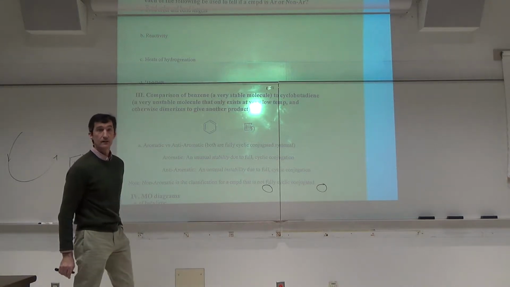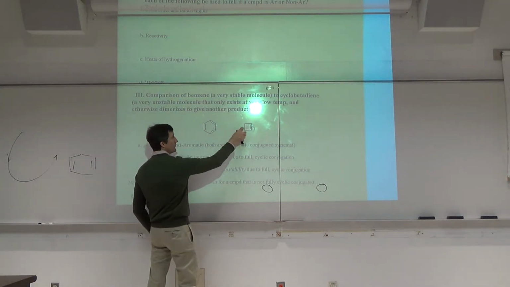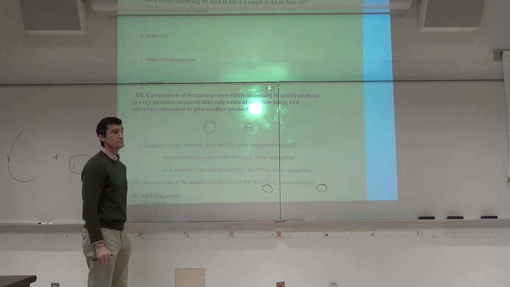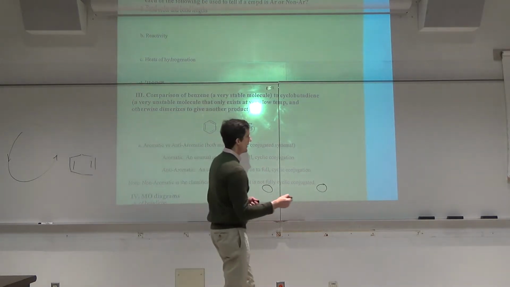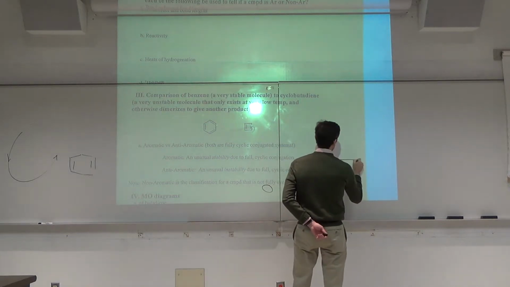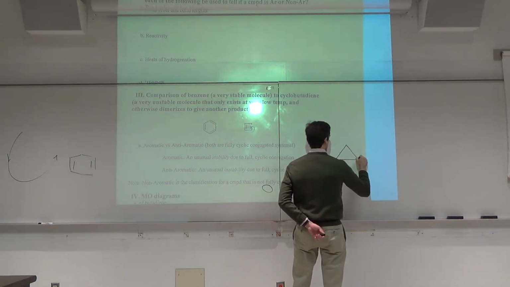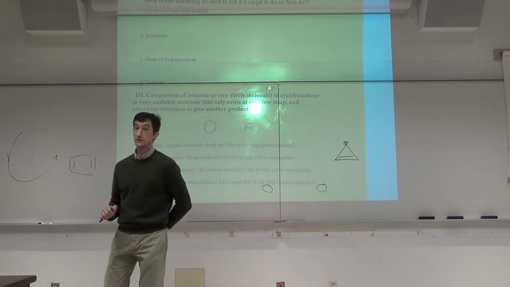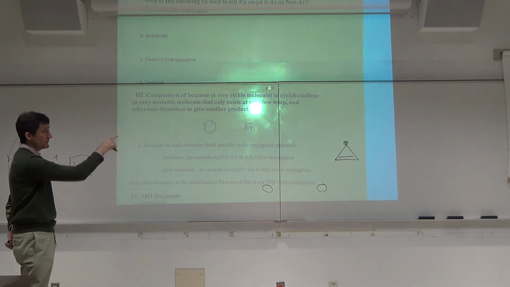Angle strain. Okay. That wants to be 120, but it's stuck in this 90-degree arrangement? Possibly. But I could show you something like this. That's actually very stable. That's more stable than this guy.